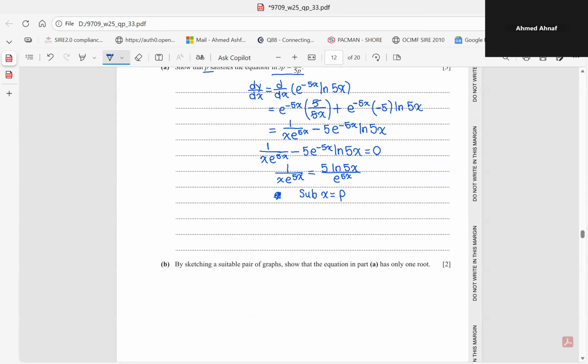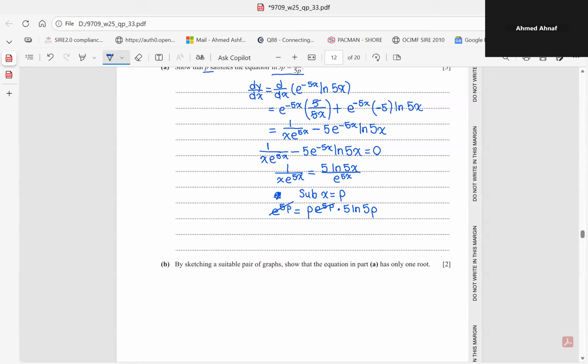So cross multiplying, you get e to the power 5p equals p times e to the power 5p times 5 ln 5p. So e to the 5p we can cancel out in here, all right?